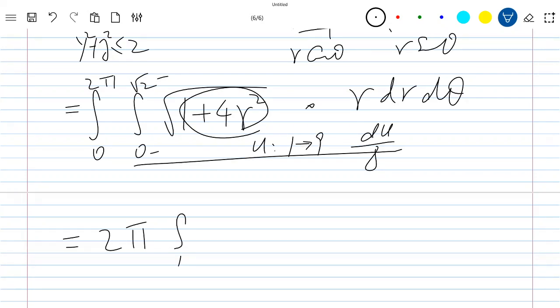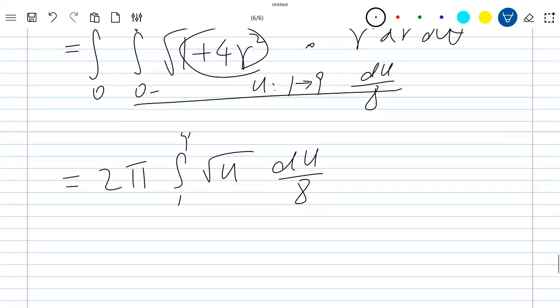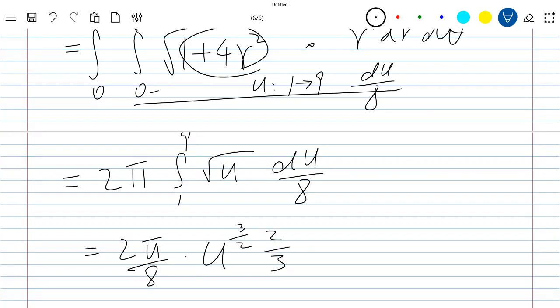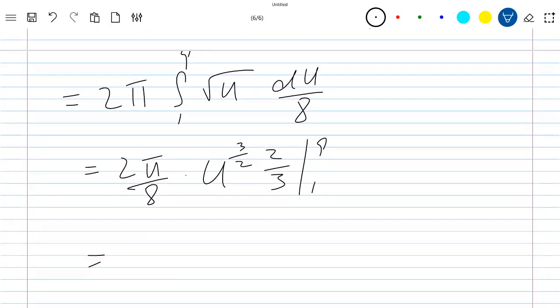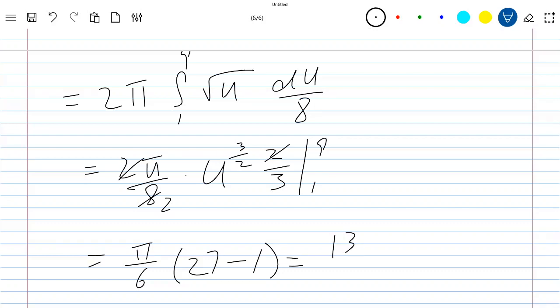So you get the integral from 1 to 9 of square root of u du over 8, right? So this is 2 pi times 1/8, and u to the 3/2 times 2/3, from 1 to 9. Let's do some cancellation. This and this and this, you get 2. So you get pi over 6, then 9 to the 3/2 is 3 cubed, 27 minus 1. That's 13 over 3 pi.